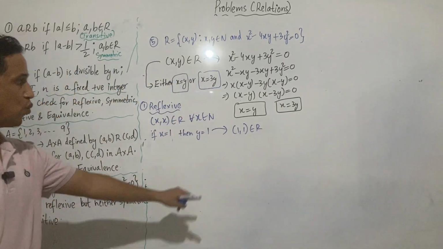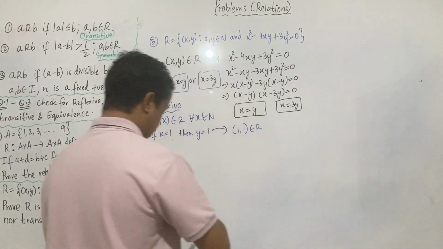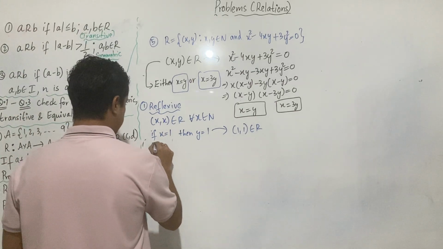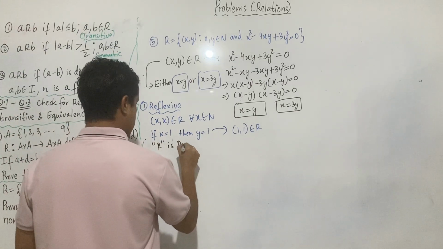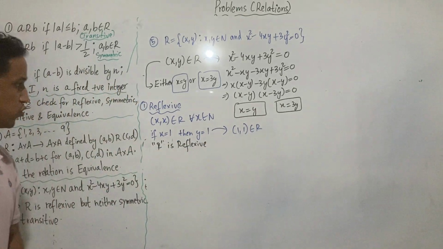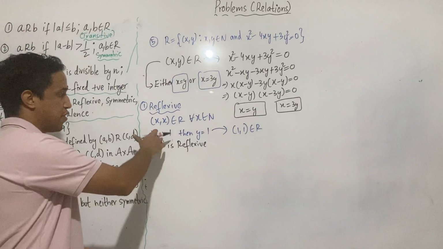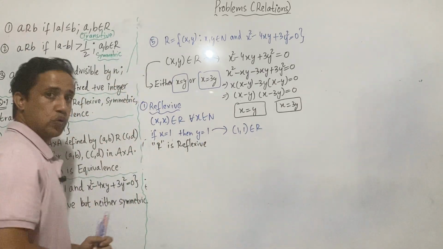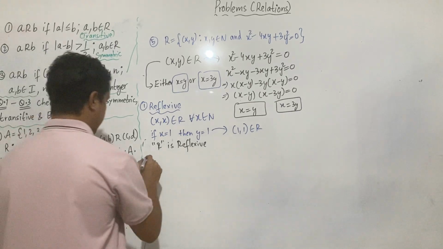That means R is reflexive. I hope you understand it. If x is 2, then y is also 2, and again (2, 2) is going to be in the relation.